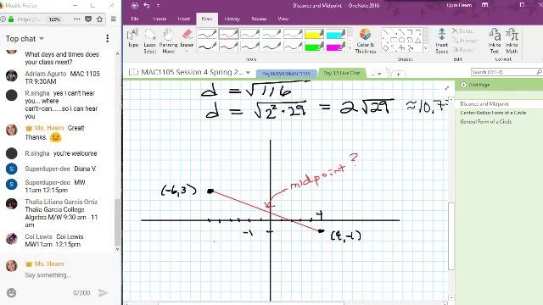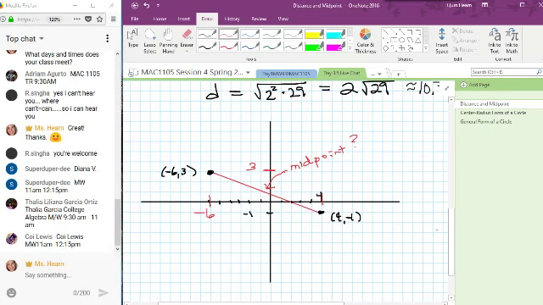So one way to think about it is we would be horizontally halfway between -6 and +4. And vertically, we would be halfway between -1 and 3. And so we can find the x and the y coordinates for that midpoint separately by averaging the x coordinates and averaging the y coordinates, finding their mean.